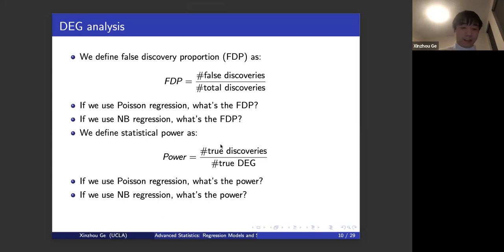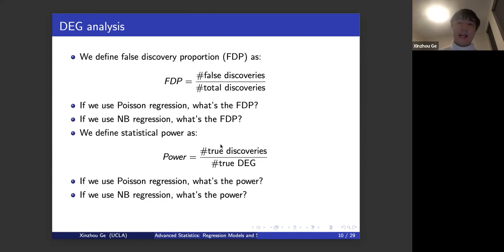Okay, this is about two important concepts for evaluation of the results. One is called false discovery proportion, FDP for short, and it is defined as the number of false discoveries over the total number of discoveries.